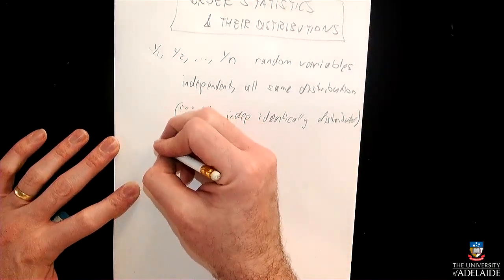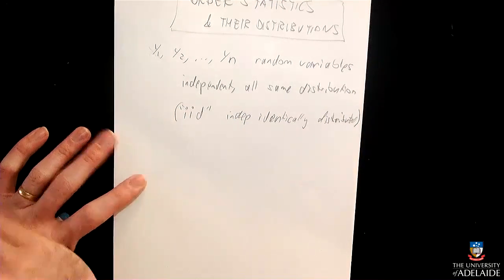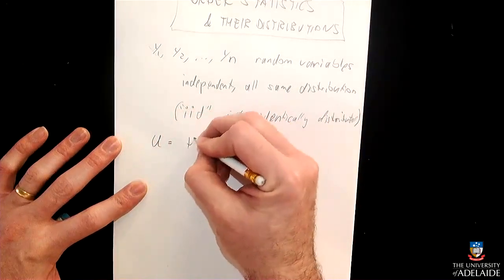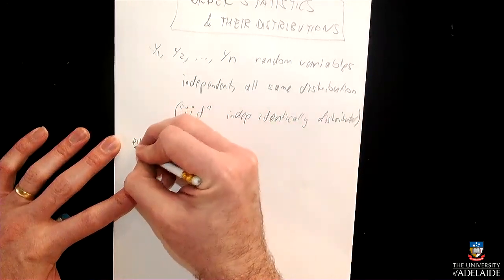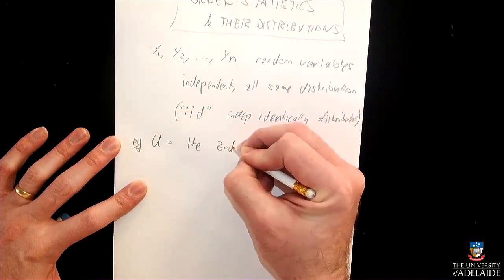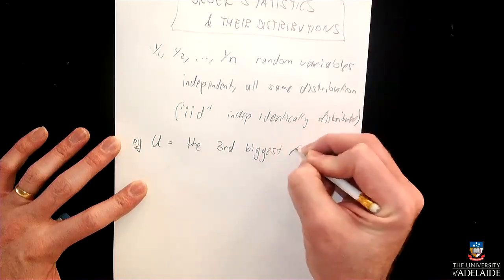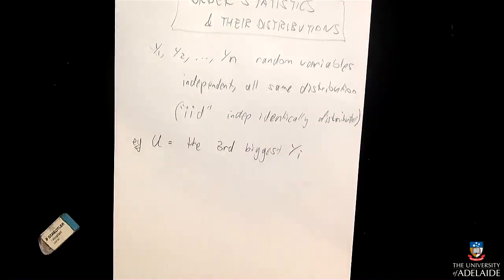So you're going to have like the third biggest Y_i. Is there a notation for this? Yeah, if you use brackets around the subscript.